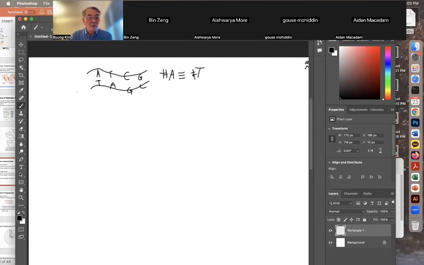Since if you have X number of A's, then you have to have a corresponding number of T's. And the same with the number of C's and G's. So you can easily see that they have to be the same.